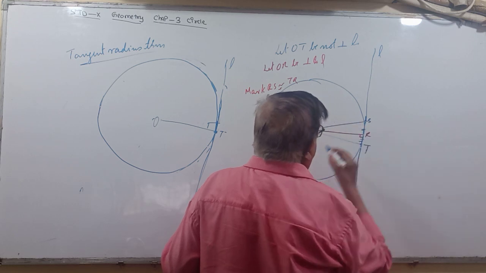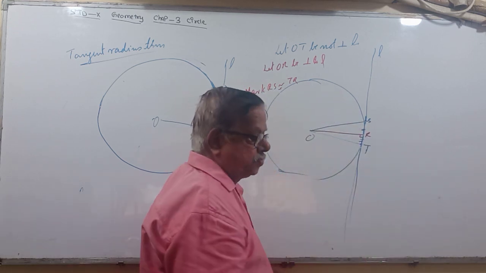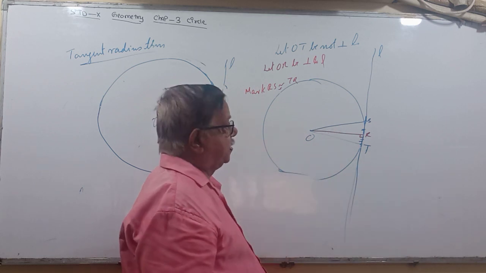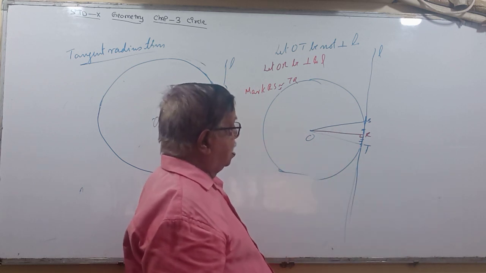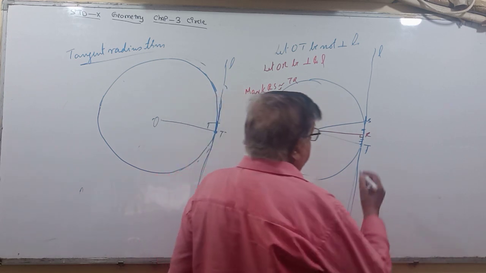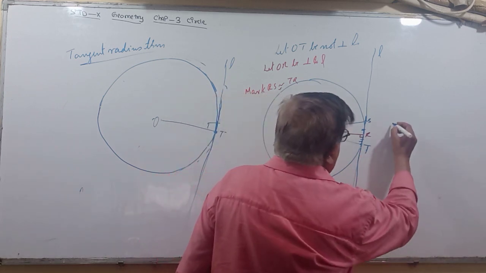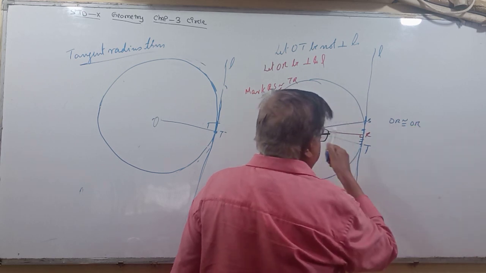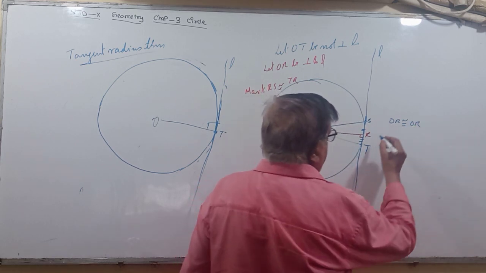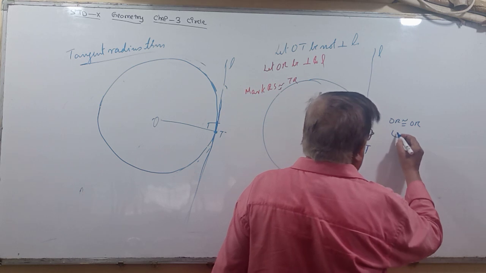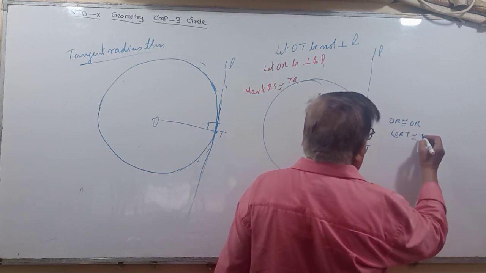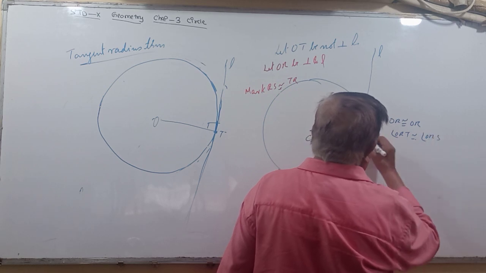Join OS. Now in these two triangles, OR is congruent to OR, and angle ORT is congruent to angle ORS, both 90 degrees.